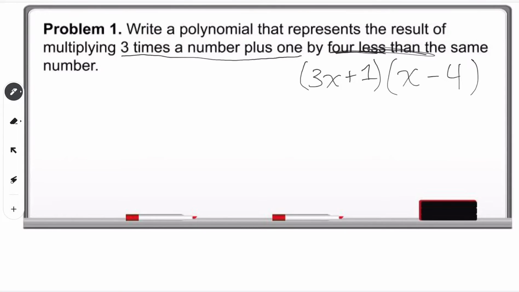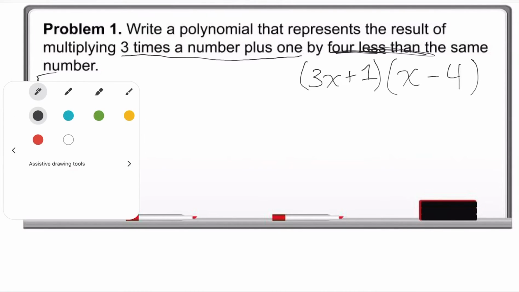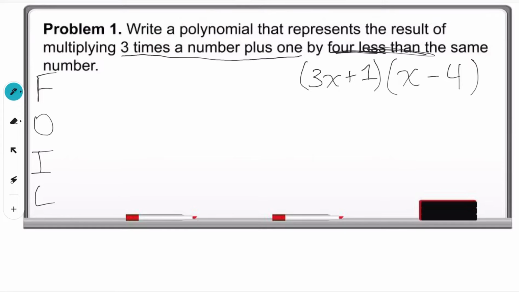All right, to solve this, of course, this week is FOIL method. So I'm going to write my FOIL over here. And starting with my F, I'm going to write out my first terms. What I mean by that is the first terms in each binomial. So we have a 3x and an x.